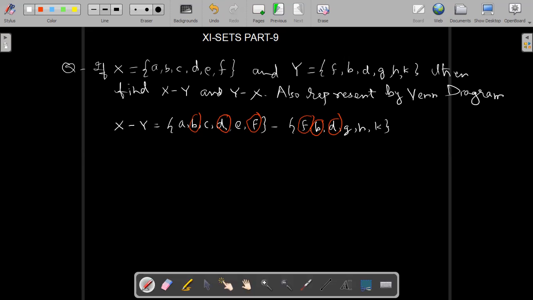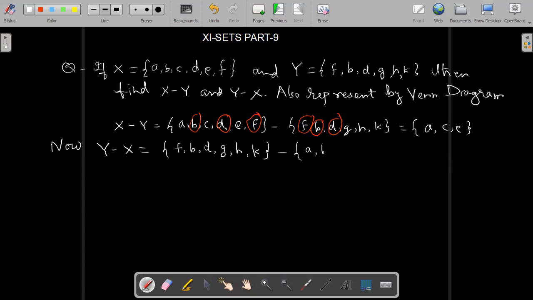So our answer will be A, C, E. Okay. And now we will find Y minus X. First we will write Y: F, B, D, G, H, K. Then X. X is A, B, C, D, E, and F. Now common elements are subtracted.